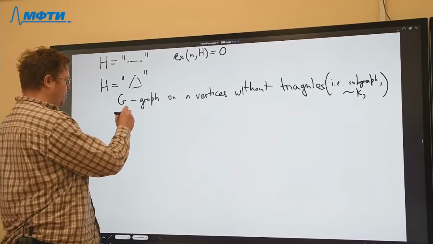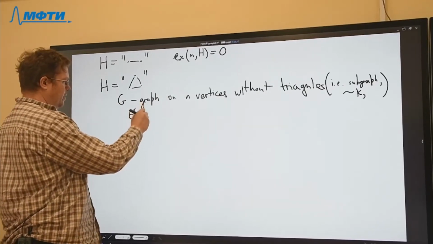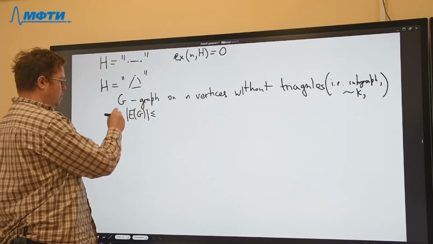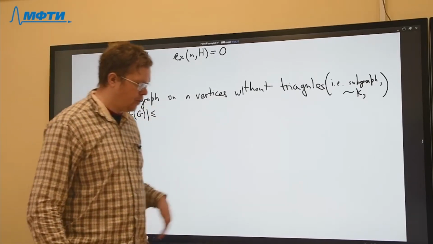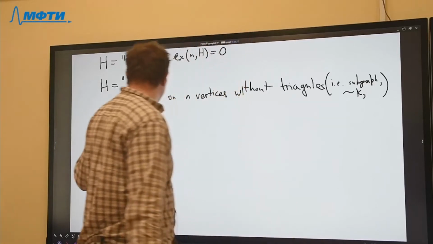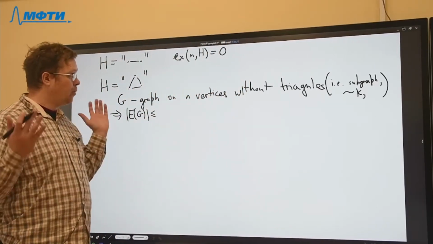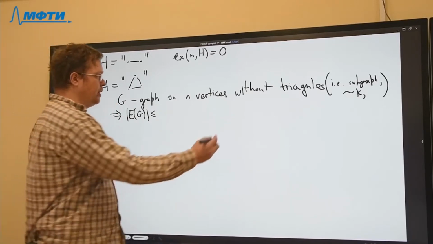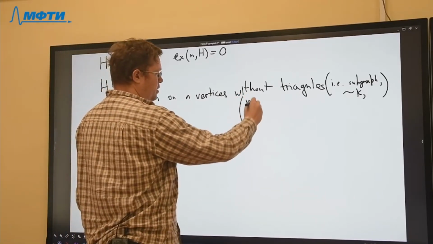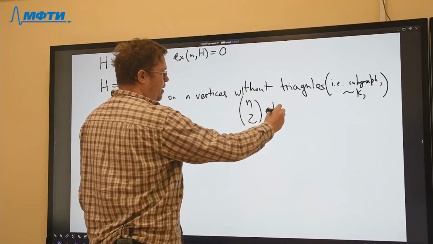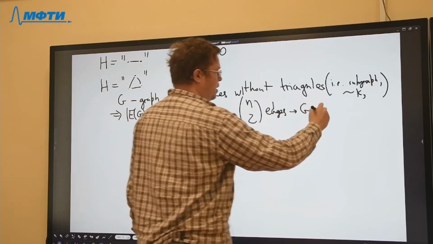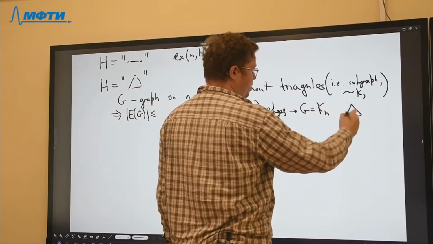So can we have an upper bound on the number of edges? Of course, the lower bound is 0. We can have 0 edges, and we have no triangles. But if we take too many edges, for example, if you take n choose 2 edges, then it will be a complete graph, and of course, it will contain many triangles.